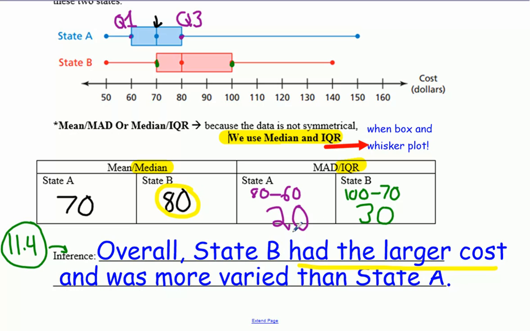And then when I'm talking about the interquartile range, I'm talking about which one was more varied or which one was more spread out. So state B had the higher median, so it had a larger cost, and it was more varied than state A. And there we go. There's my sentence.